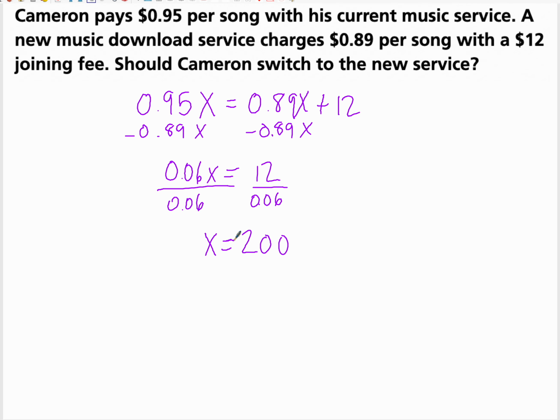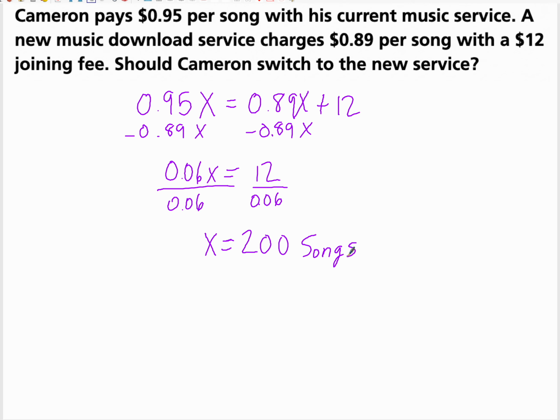So, think about what that means. 200 what? $200? 200 songs. So if Cameron buys 200 or more songs, then it would be cheaper to switch to the new service.